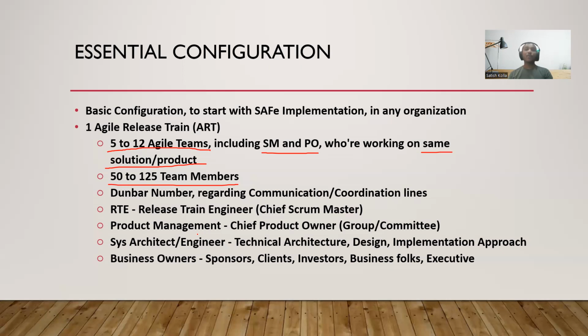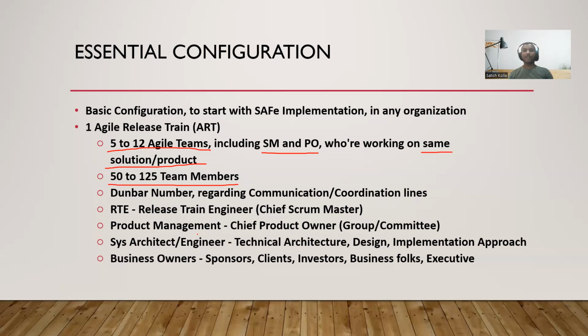Then we have the key role from the overall implementation: business owners. They are the sponsors, the clients, the investors, or in some cases the actual end users as well. If it is a small startup, the business owners are nothing but the clients who ask us to implement the solution, or the development of the product.